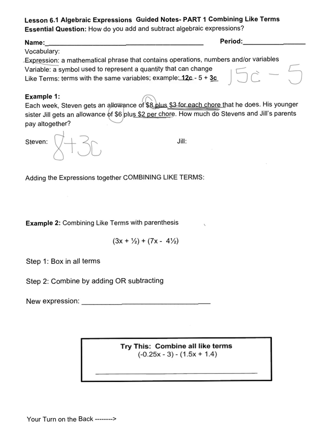And for Jill, she gets $6 for an allowance, and then plus $2 per chore. Again, we use that variable because the amount of chores that she will do in a week could change. Now, to combine these, for parents, they want to know, how much money are they forking out each week?